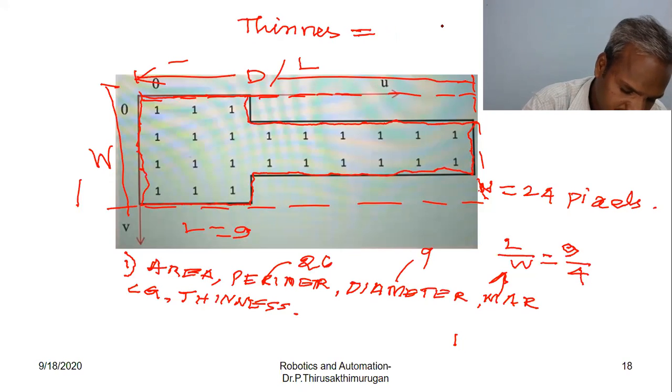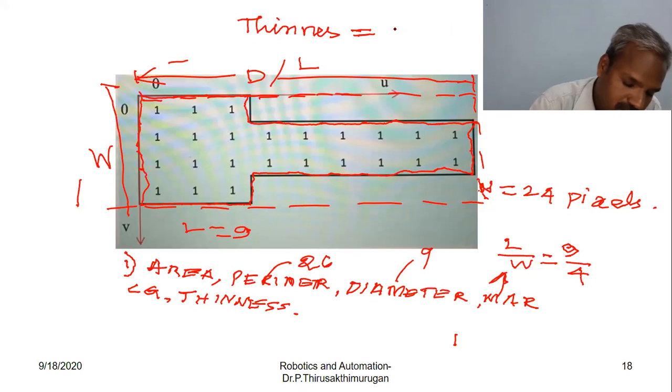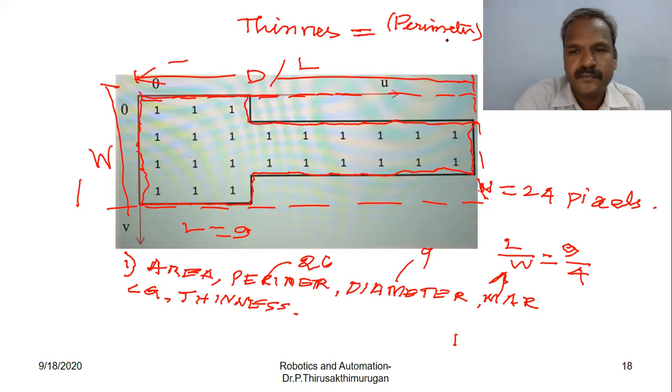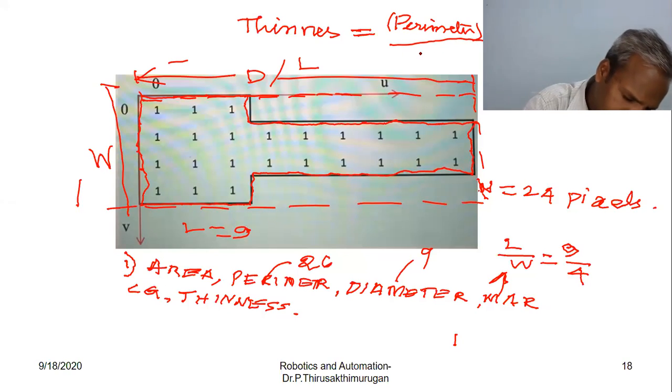Thinness equal to perimeter square by area.